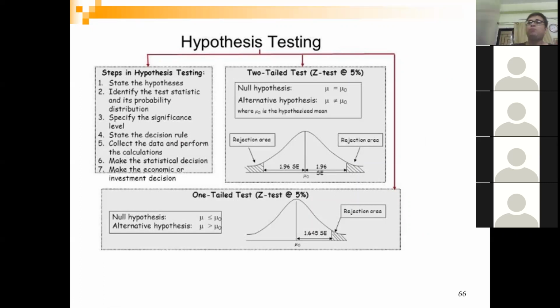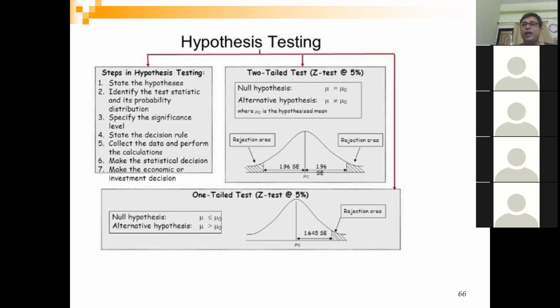There are two hypotheses that we talk about. One is called the null hypothesis and another is called the alternative hypothesis. Always your null hypothesis is like there is no difference. So your null hypothesis is that your sample mean is equal to your population mean, and then your alternative hypothesis will be that it will not be equal.